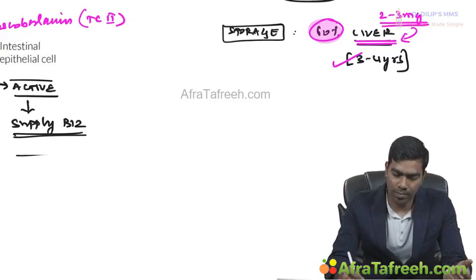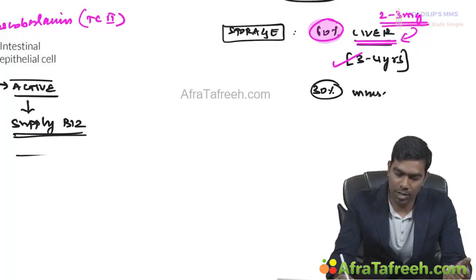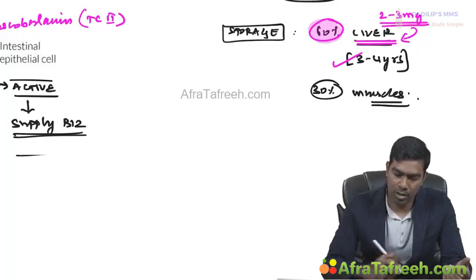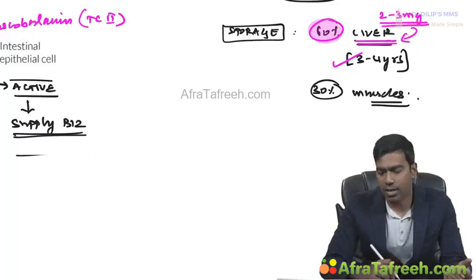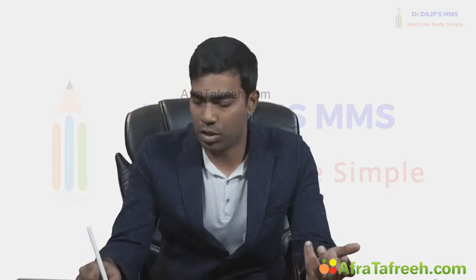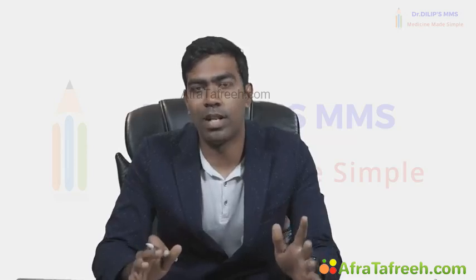At the same time, 30% of B12 is stored in the muscles. And what is the importance of this storage? B12 is actually a water soluble vitamin, isn't it? B12 is the only water soluble vitamin that is stored in significant forms in the body.